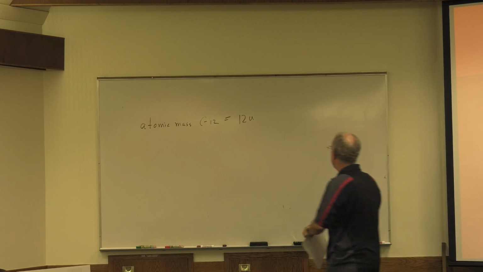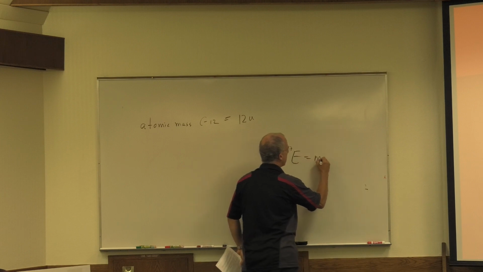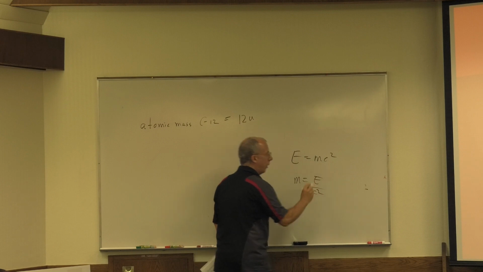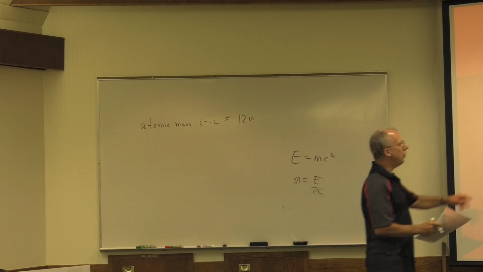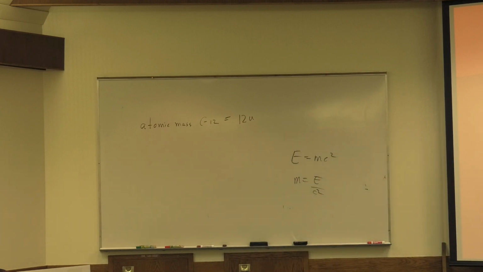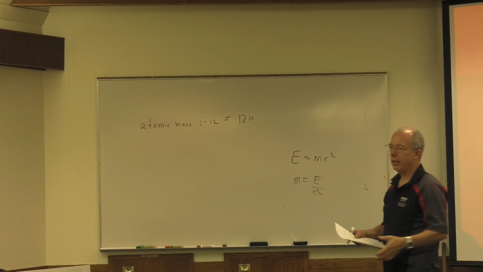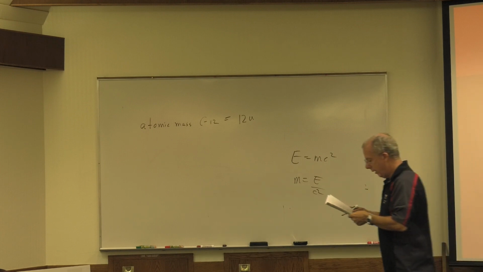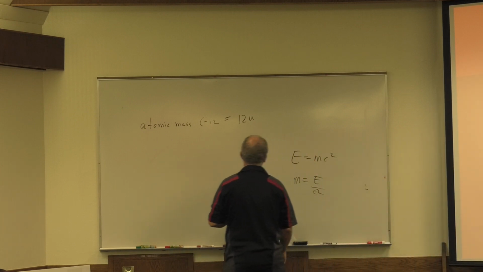Remember E equals mc squared? That means m equals energy over c squared. So 1 U equals 931.49 MeV divided by c squared. We're going to use that routinely. We're not going to use joules very often. We're going to use electron volts, kilo electron volts, million electron volts, so make sure you know how to do that. Mass is energy over c squared.